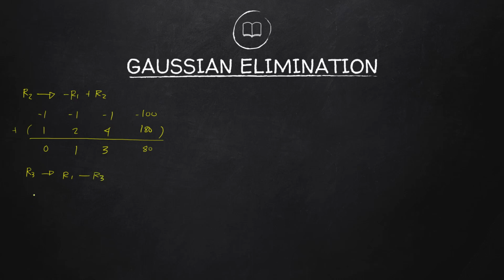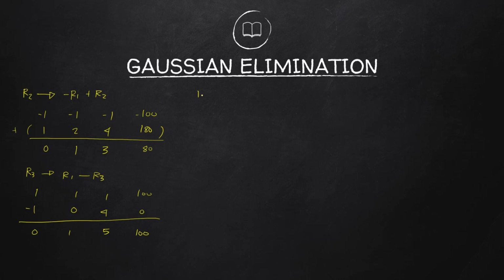For row 3, we will subtract it from row 1. So we have here 1, 1, 1, 100, negative 1, 0, positive 4, and 0. So from here we have 0, 1, 5, and 100. Let's plug it back into the augmented matrix.